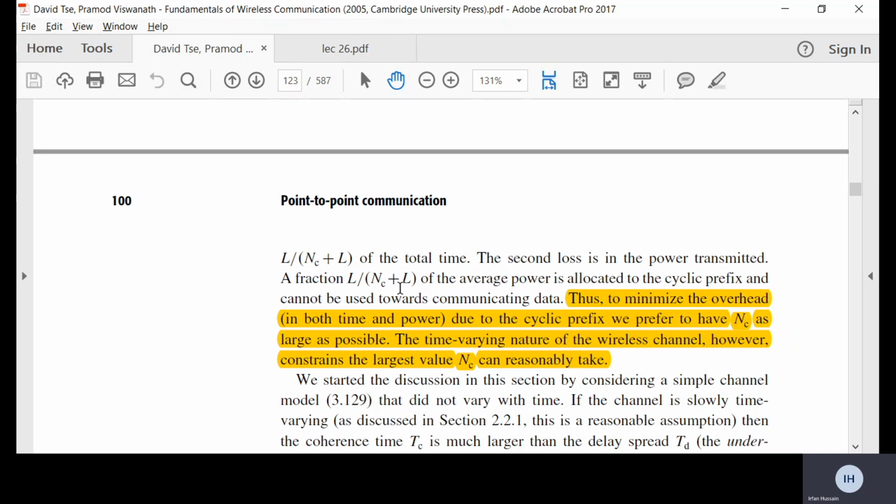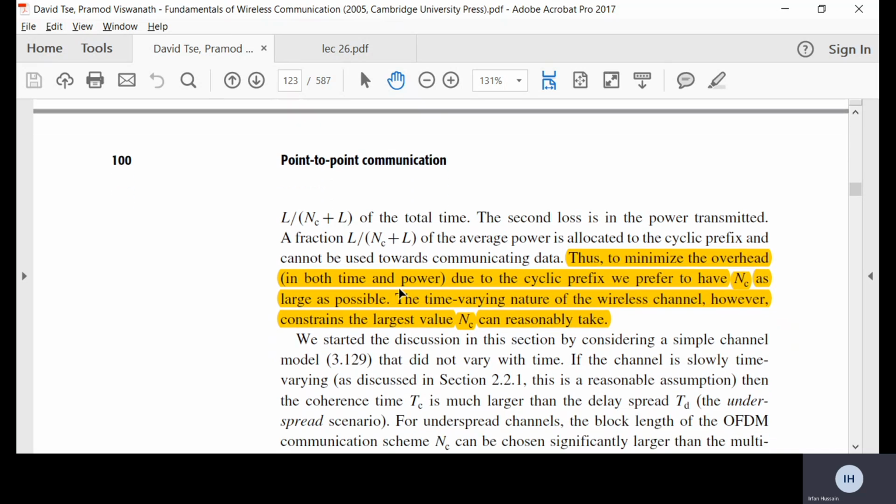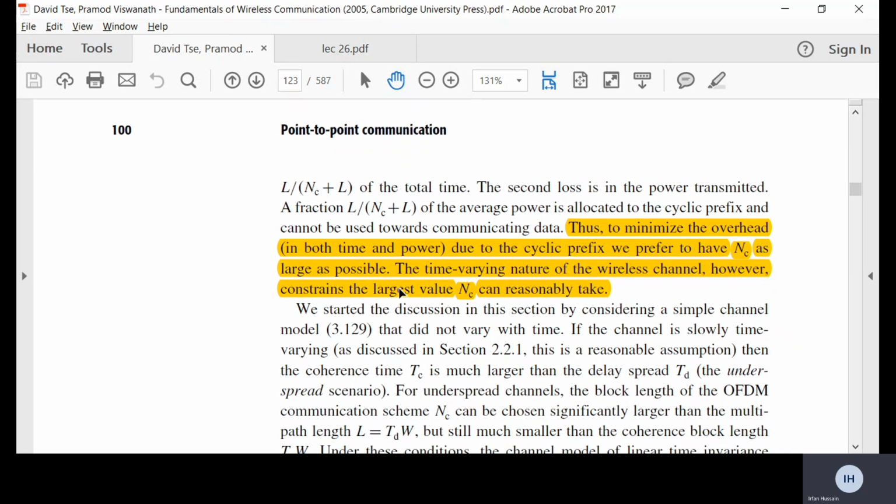The second thing is that NC length is also constrained, and this will be constrained by the coherence time, because when we were solving OFDM, we assumed that the channel is almost constant. It is not changing for that period of time, which is called the coherence time. So we also have to make sure that NC is not larger than the coherence time.